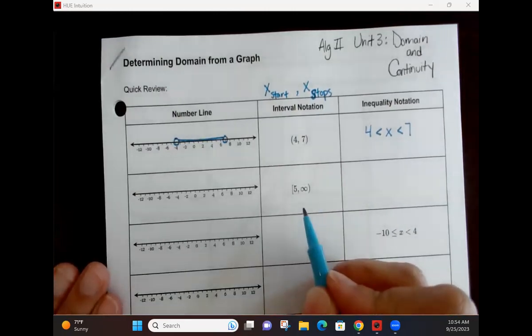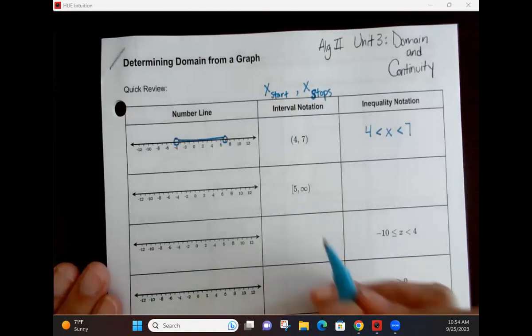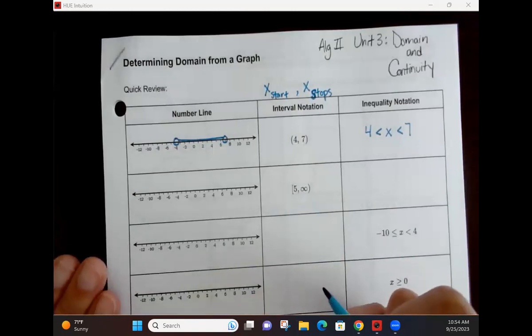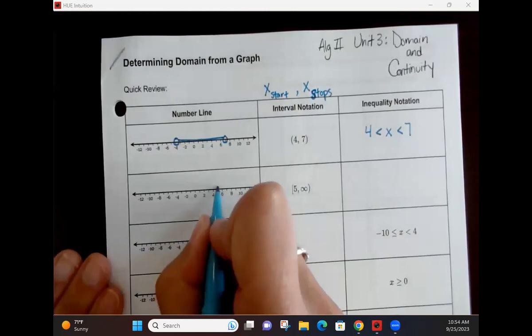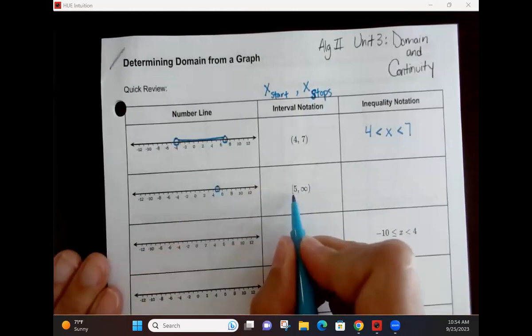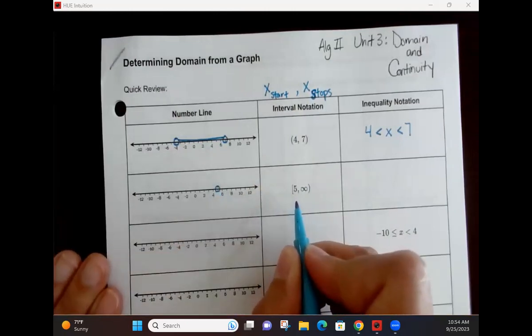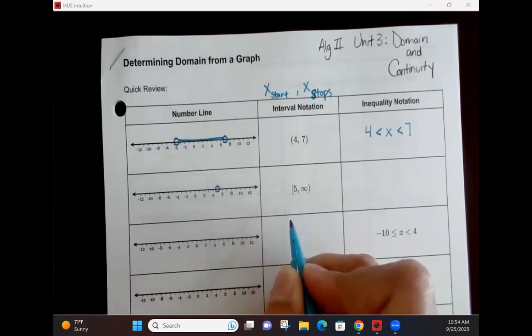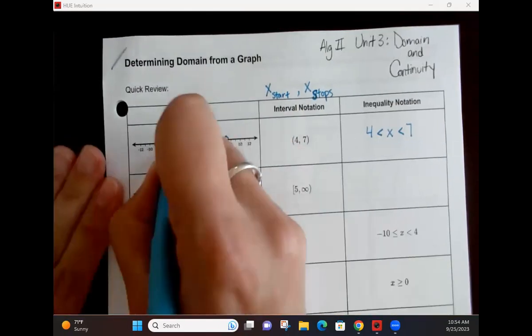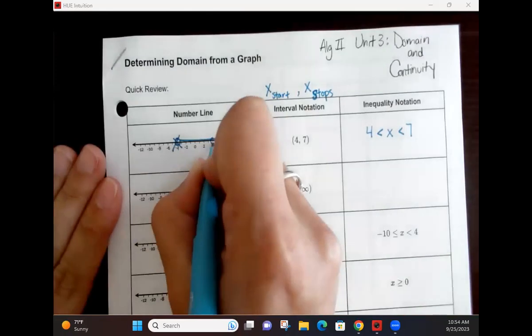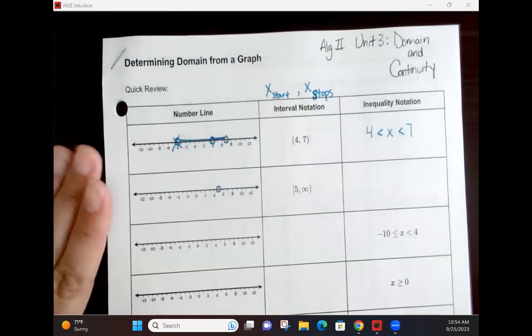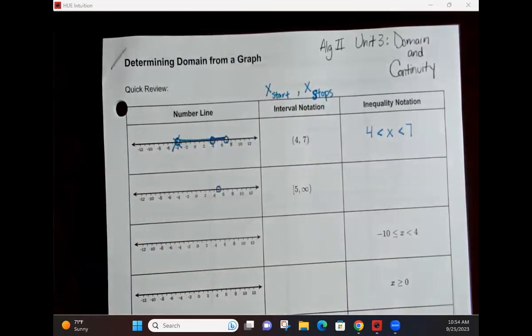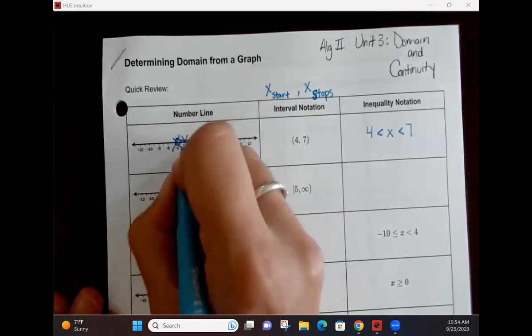For our second example, we're looking at 5 to infinity. So when x is 5, since I have a bracket at 5, that means I would put... oh, you're right. That should not be negative 4. It should be positive 4. Good catch.